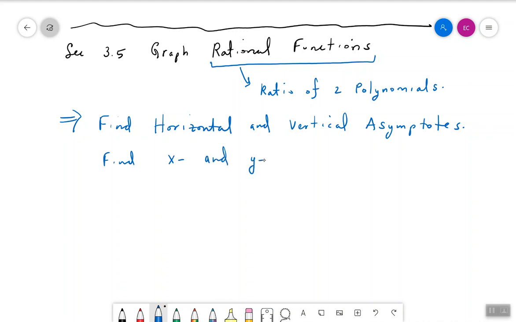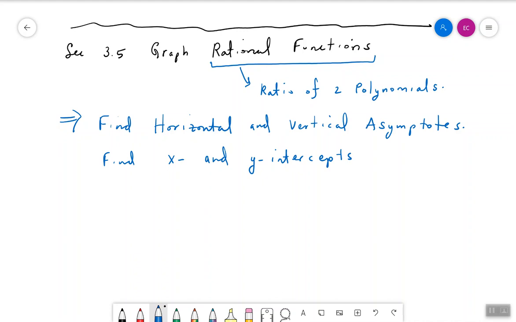So we keep talking about some of the same stuff over and over again, right? We talked about x and y intercepts in sections 3.1, 3.4, and 3.5, and really sections 3.2 and 3.3 together were about finding x-intercepts.